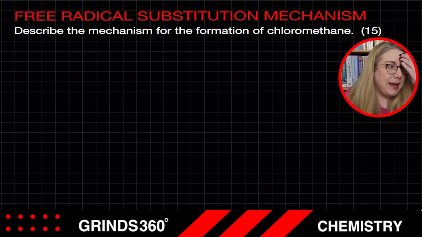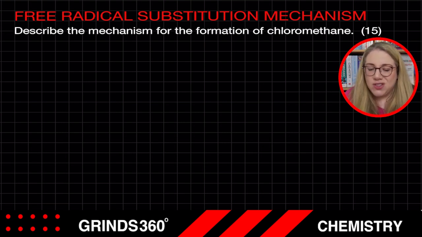So, for my mechanism, free radical substitution, we want to describe the mechanism for the formation of chloromethane. Before we begin, we're going to set ourselves up for success here, because I wasn't generous enough to tell you what the 2 reactants in this particular reaction are. I didn't say what reacts with what.